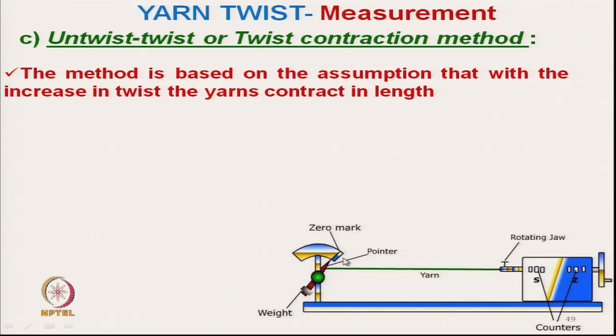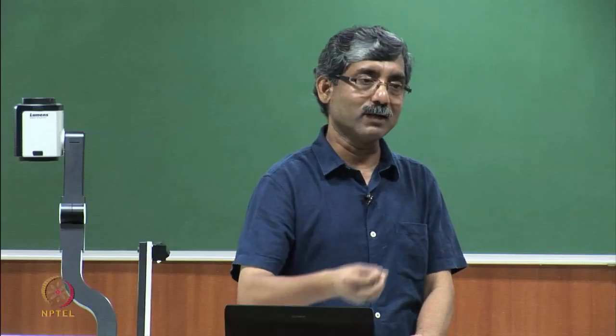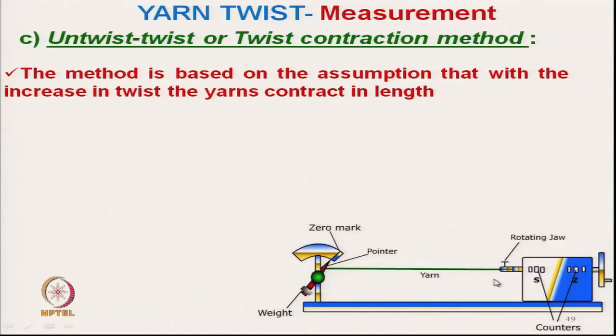When the pointer is straight, after a certain point, if the twist is still there, the yarn will become slackened here. Then we will continue rotating this handle in the same direction.